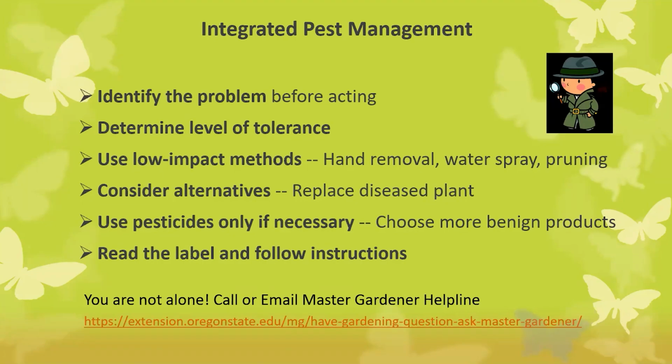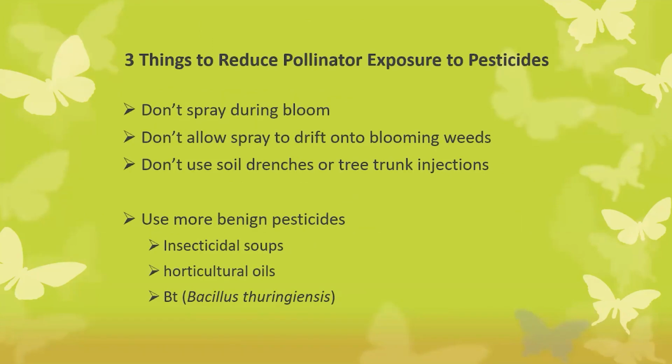And there may be alternatives, such as replacing diseased plants instead of having to treat and treat again year after year. And if you do choose to use pesticides, see if there are benign alternatives. And finally, whatever you use, make sure you read the label and follow the instructions.